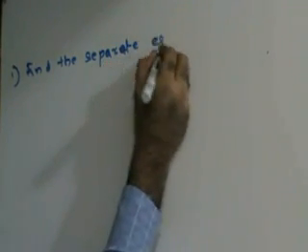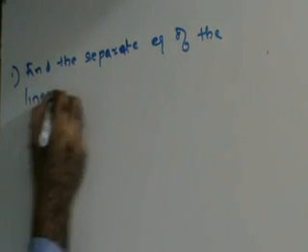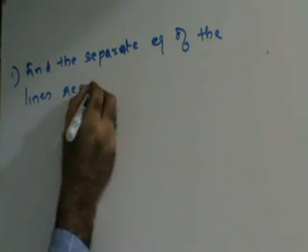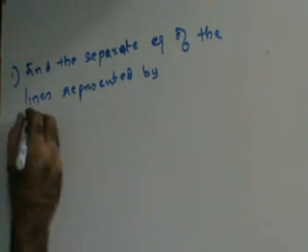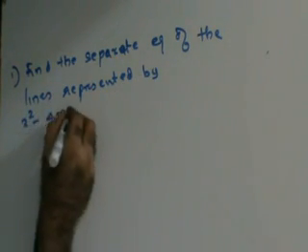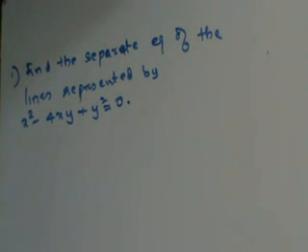Find the separate equation of the lines represented by x square minus 4xy plus y square is equal to 0.